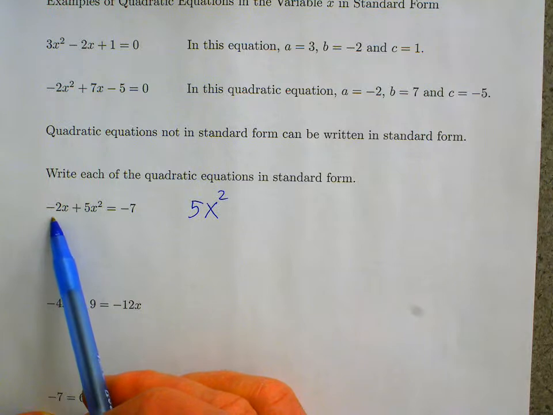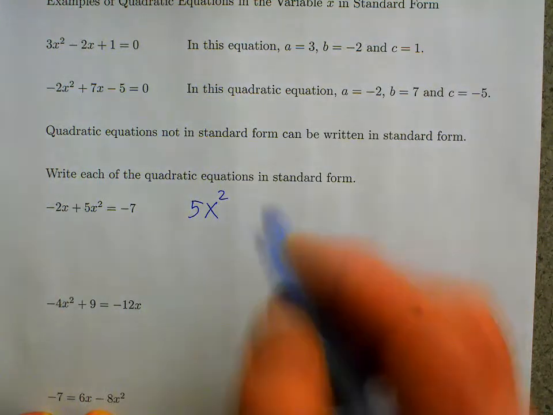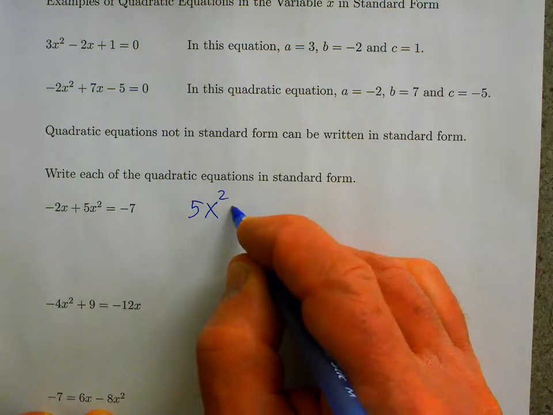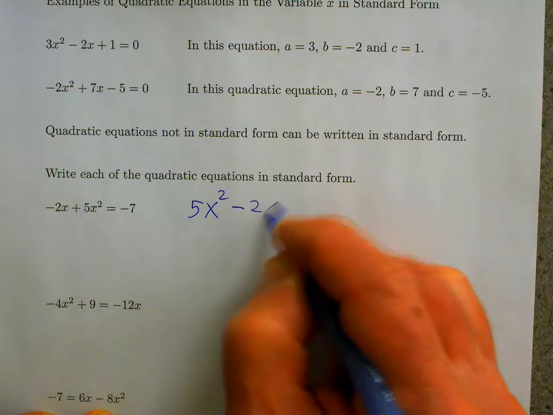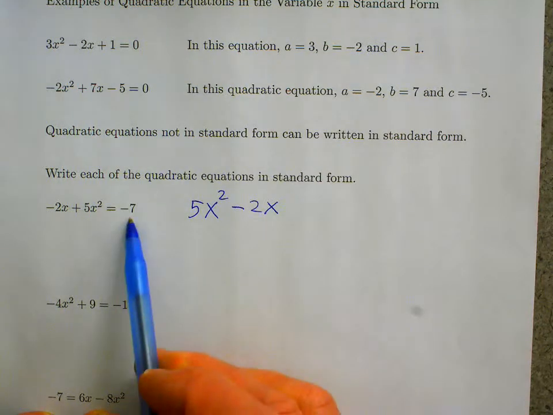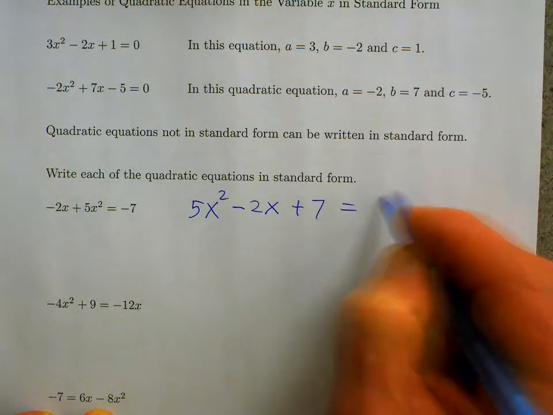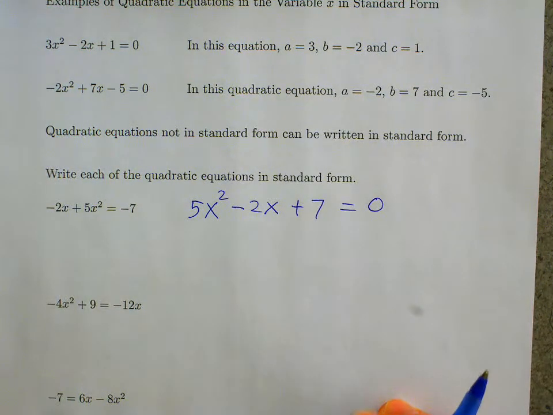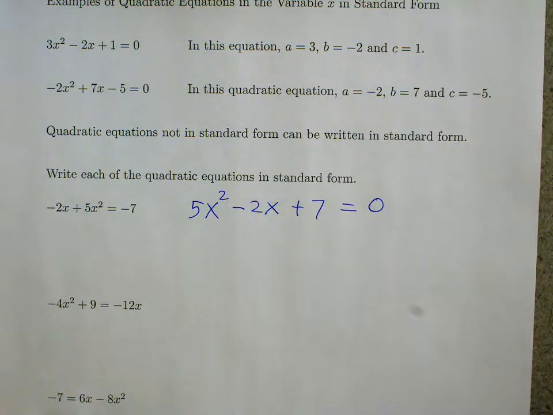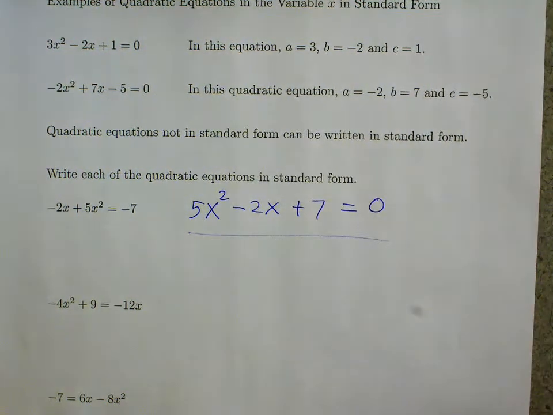And then negative 2x, that's equivalent to subtracting 2x. And then we're going to add 7 to both sides of that equation so that the right-hand side is 0. So this is the standard form.